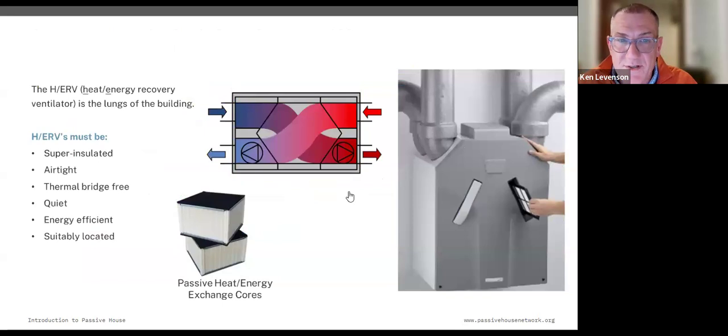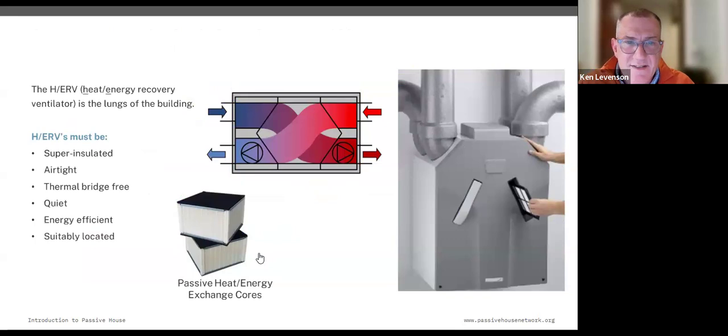That's the passive part. So it's just two fans, right? It's simple energy efficient fans in the unit that are pulling the air in and out. We're balanced, so we're not pressurizing or depressurizing the building.